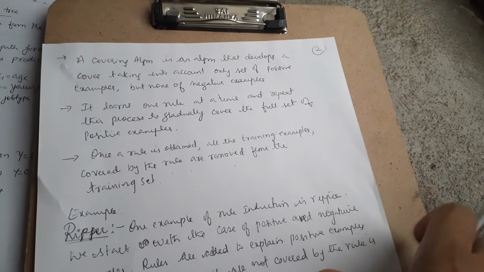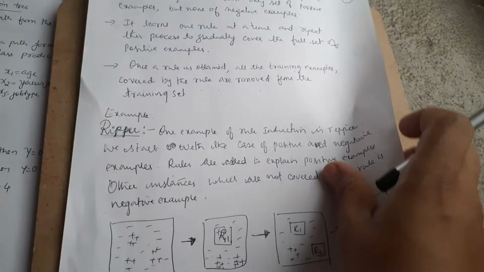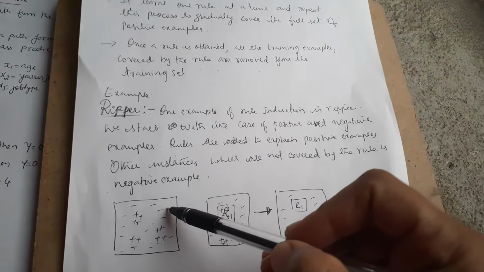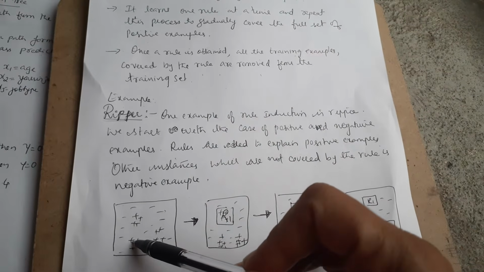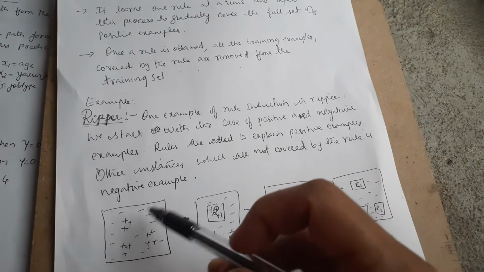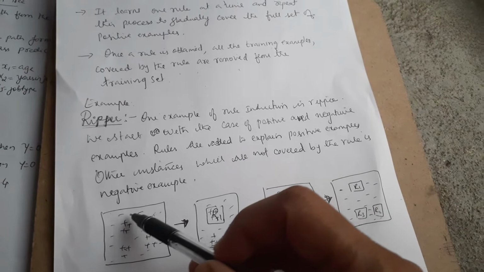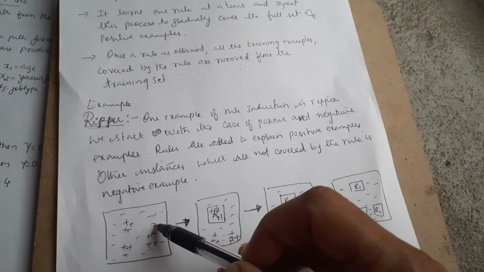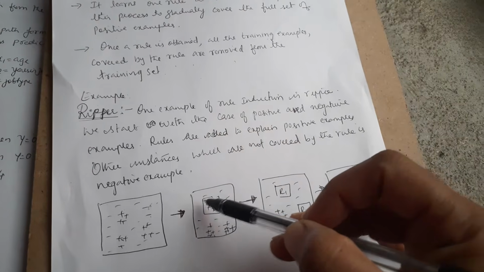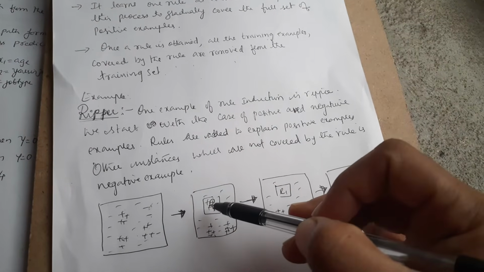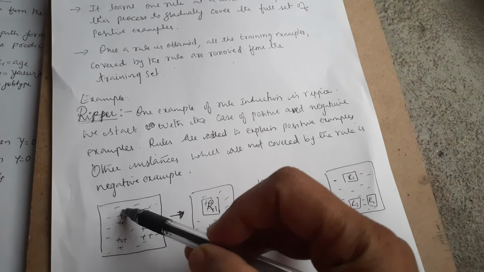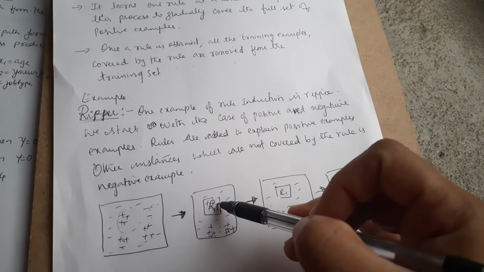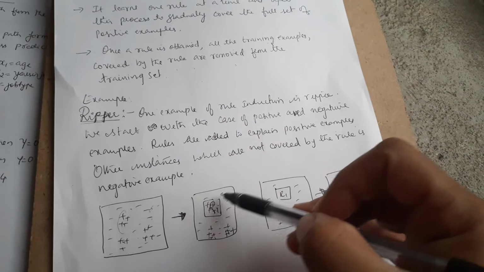One example is called RIPPER. In this example, you have a set of negative examples and positive examples. You start learning the rules only for the positive examples, not for the negative examples. First I learn rule 1, and this set of positive examples is removed.